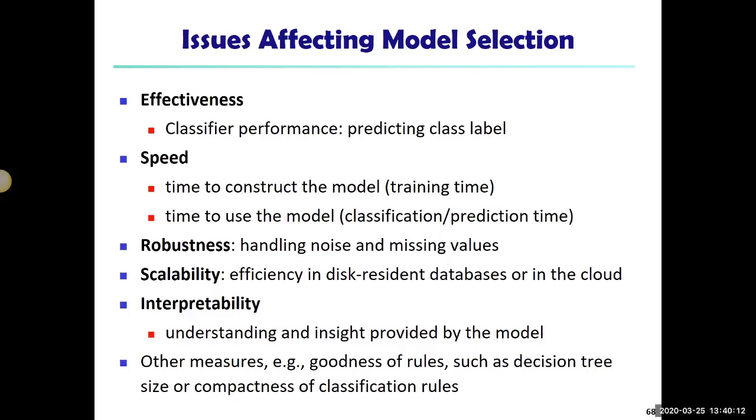Effectiveness, which means the classifier's performance or regression performance, is how accurate the predicted labels are. But effectiveness may not be the only criterion. We also care about speed: how much time to construct the model, and how much time it takes to use the model.